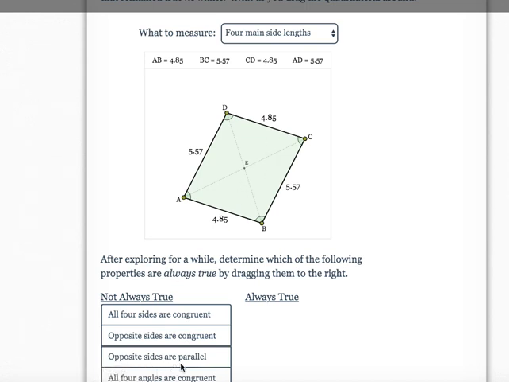Opposite sides are parallel. Well, we are going to look at the angle measurement, and these are parallel. They're parallel because this right here, these are same side angles.